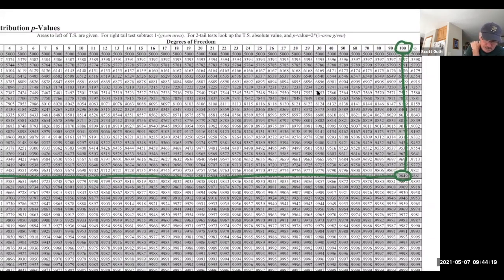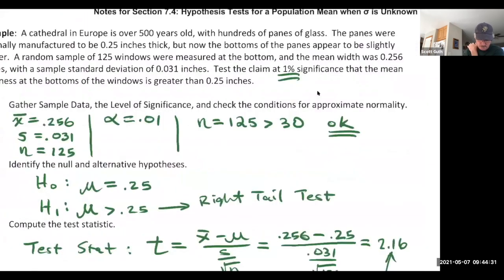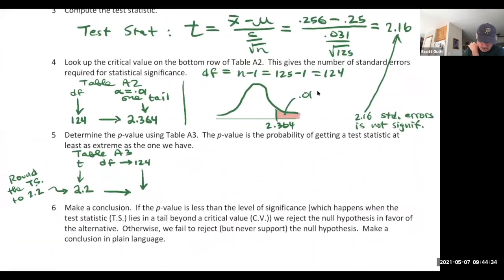Up here, you can see it says the area to the left of the test statistic is given. Okay, so it's cumulative 0.9849. Let me go back to the notes and put that in.